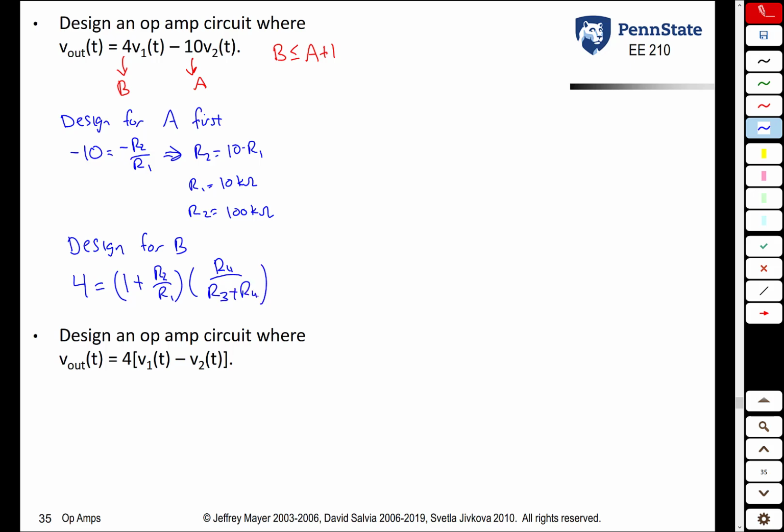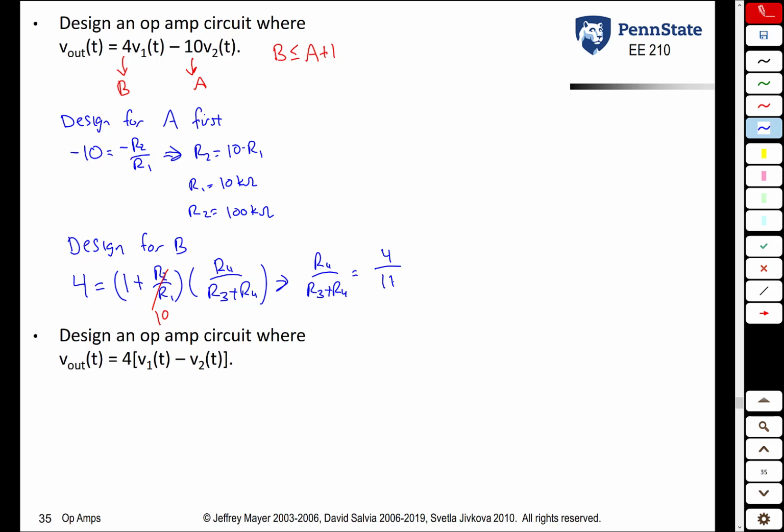But this is where we see that these two are not totally decoupled. R2 over R1 we already saw has to be 10. That means then that R4 over R3 plus R4 has to equal what? 4 over 11.